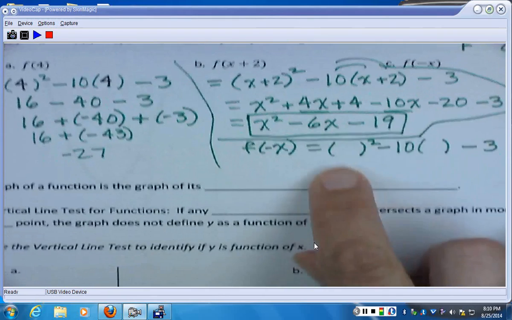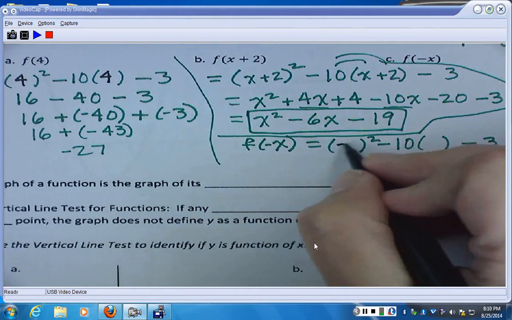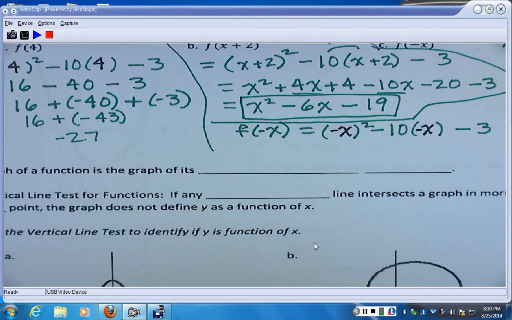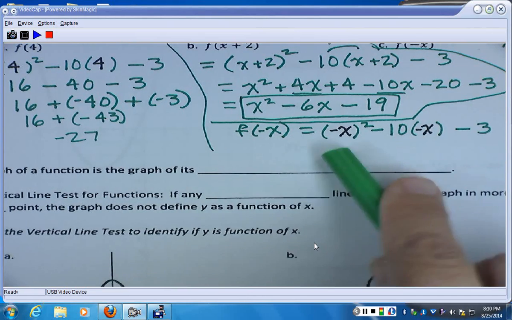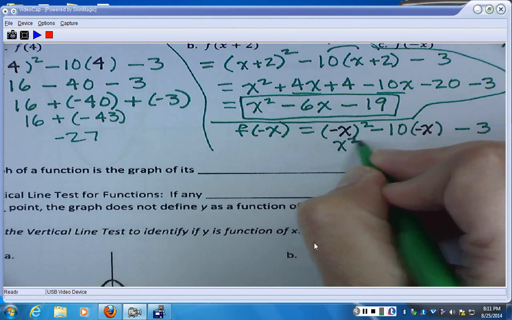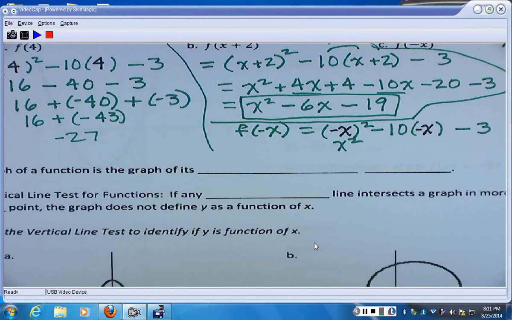So everywhere I have the open parentheses, I'm going to put in a negative x. That's my variable, replacing everywhere I had x with negative x. When you take negative x and square it, you get negative x squared or positive x squared? All right. When you take negative 10 times negative x, you get minus 10x or positive 10x?